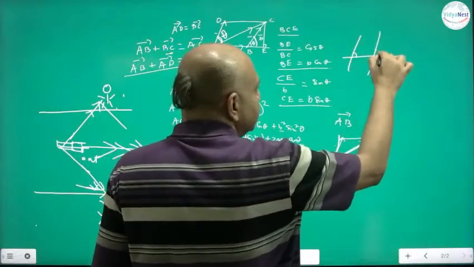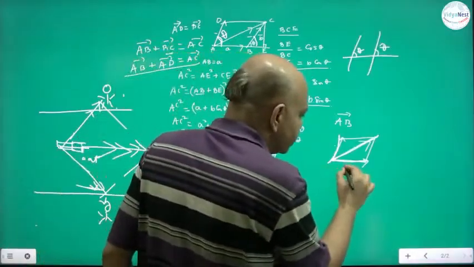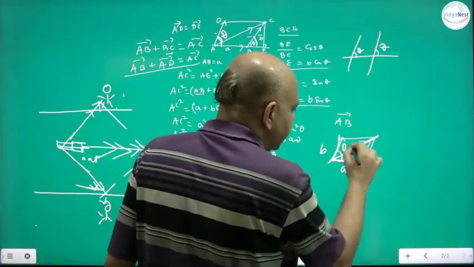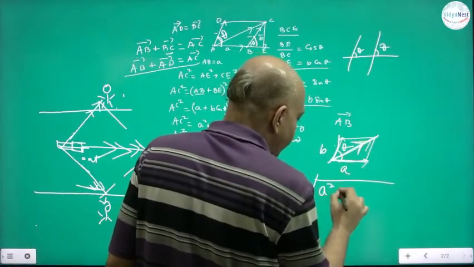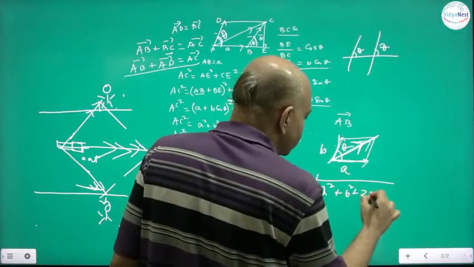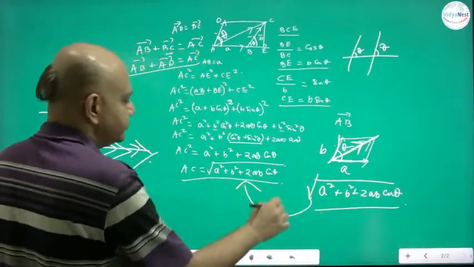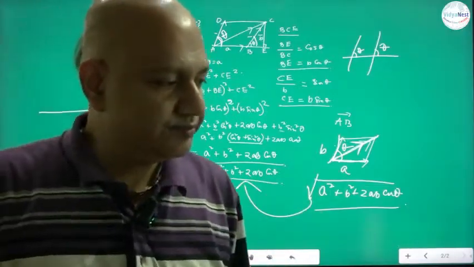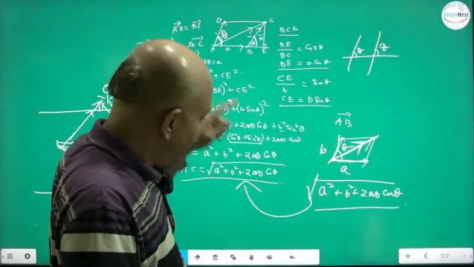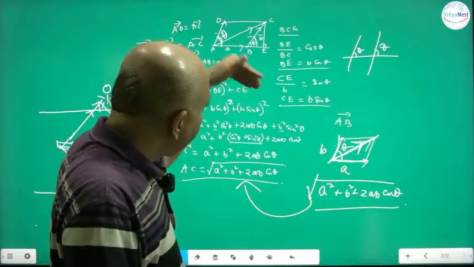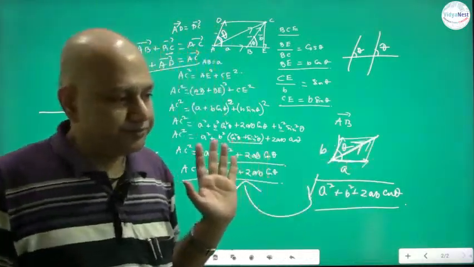So if this is A, this is B, and this angle is theta, then the resultant by addition of the two vectors should be the square root of a square plus b square plus 2ab cos theta. That's the same formula. I can prove this formula by the triangle rule, but I can also prove it by the parallelogram rule. Same thing will come.